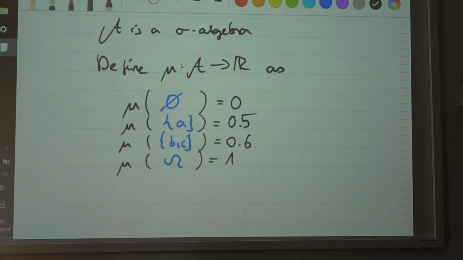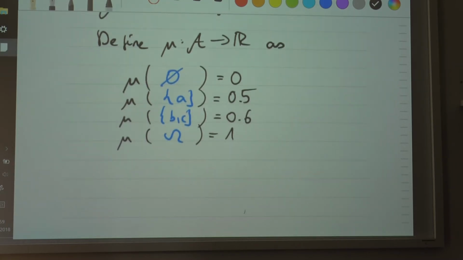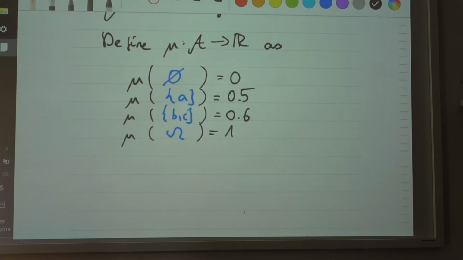But anyway, this is not what we're talking about. The problem here is that this function is not sigma-additive. So we show that this is not sigma-additive. Why is that? Check it out. What would be the image of a union, let's say the union of A and B and C?